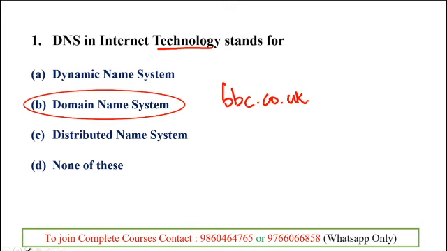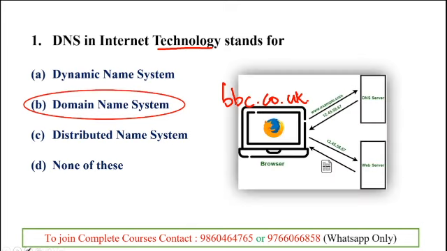DNS is called the domain name system, and here we can see the browser, and www.example.com is a web address, and that's sent to a DNS server, and later it resends a numbered string, and this one is sent to the web server.